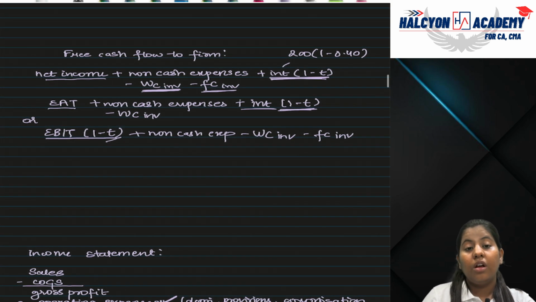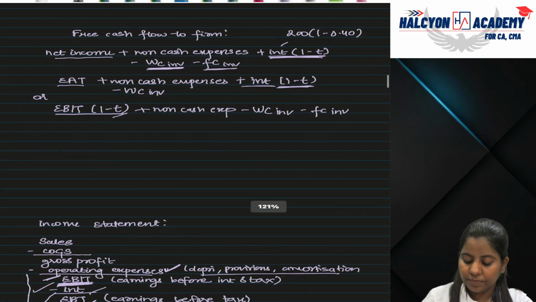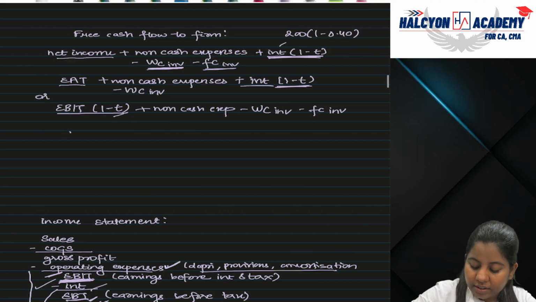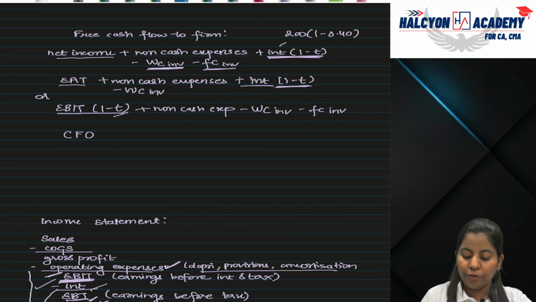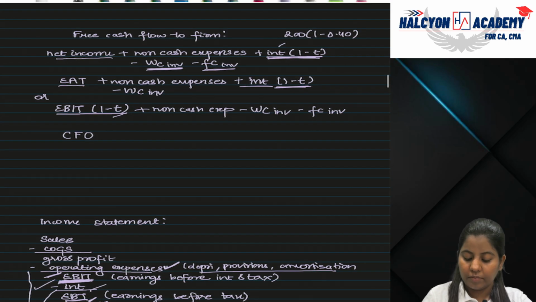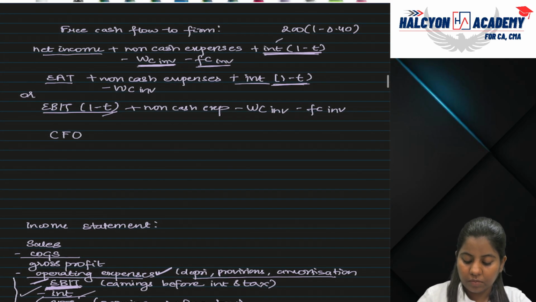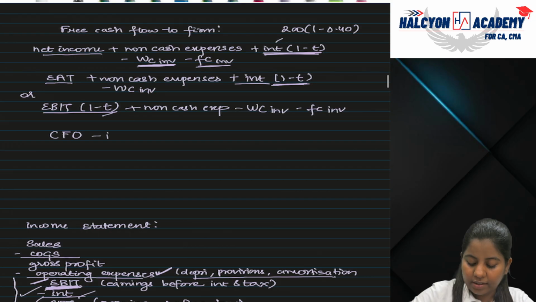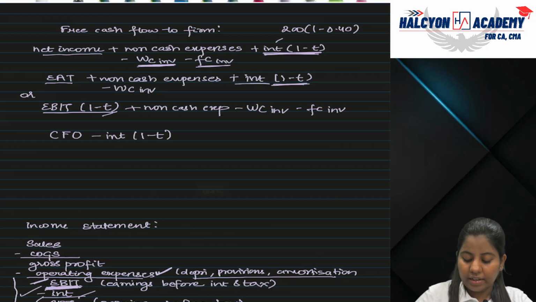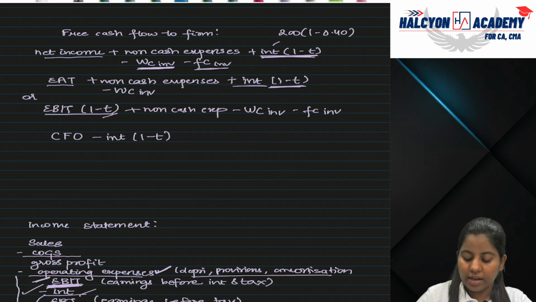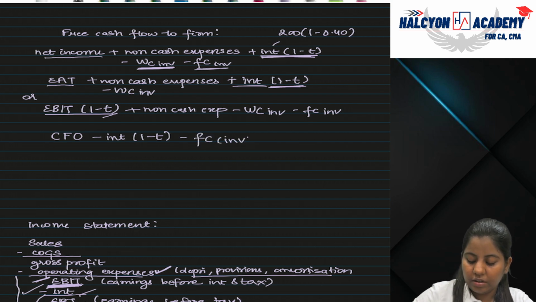And I can write this formula in one more way. See, cash flow from operations, minus fixed capital investment.